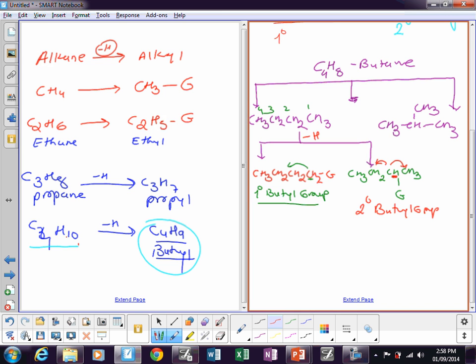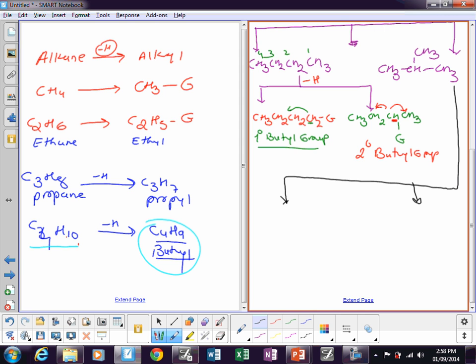Now here, I got a fantastic one for you. Pay attention over here. We have another structure of butane, and from that structure, if I give the numbering, if we remove hydrogen from here, here, or here, I think it's the same.